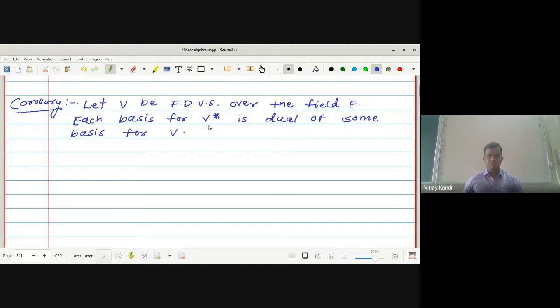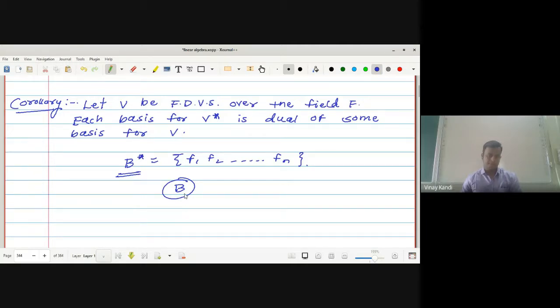We have to prove that this B star is the dual basis of some basis of V. Wait a minute, we have to show that each basis for V star, suppose this B star is equal to f1, f2 up to fn, is a basis of V star, is the dual of some basis for V, and that basis is B.